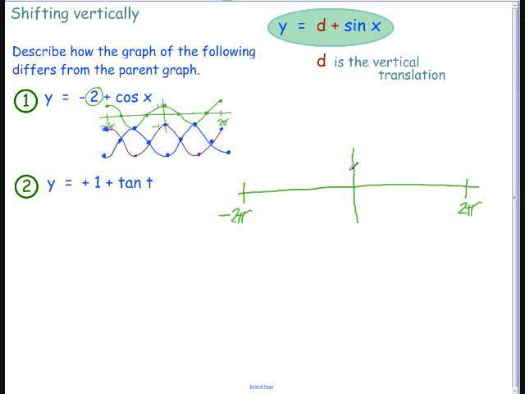We've got 1 here and -1 here. That's enough, isn't it, for us to kind of get the idea of that. First off, we're going to just look at what the graph of tangent looks like.